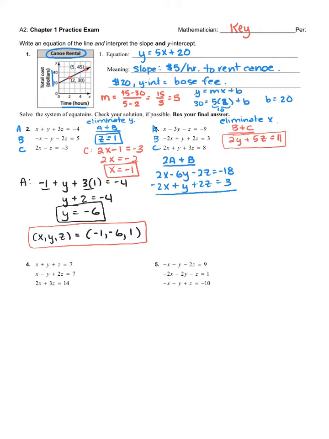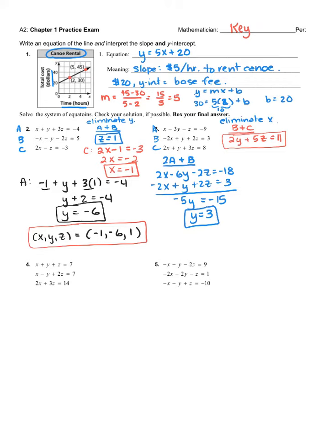So x's go away. I have a -5y. My z seems to have gone away too. Equals -18 plus 3, which is -15. So that tells me that y is 3. Well, that was friendly.